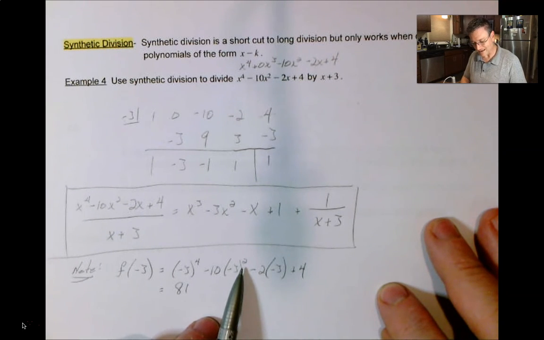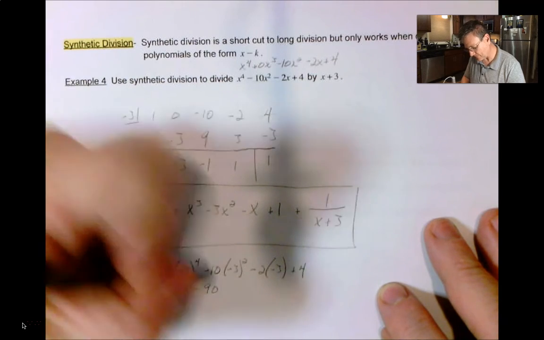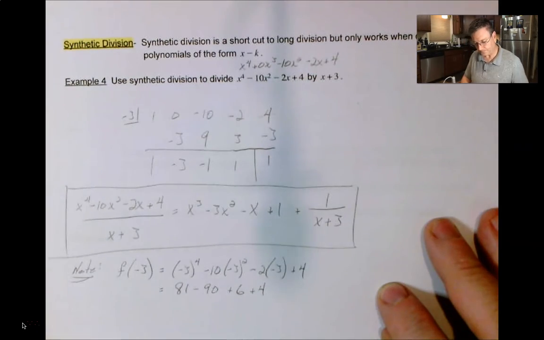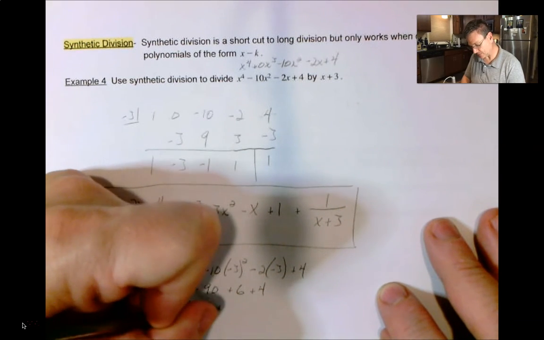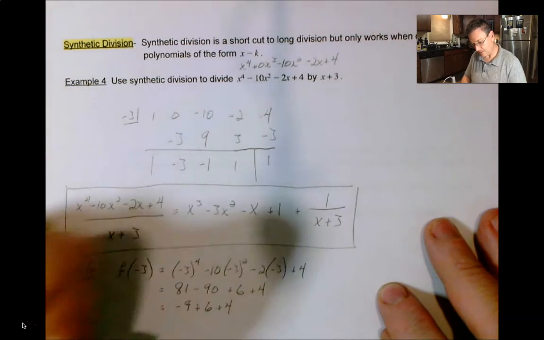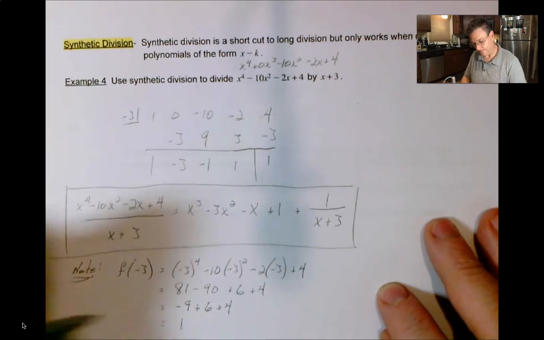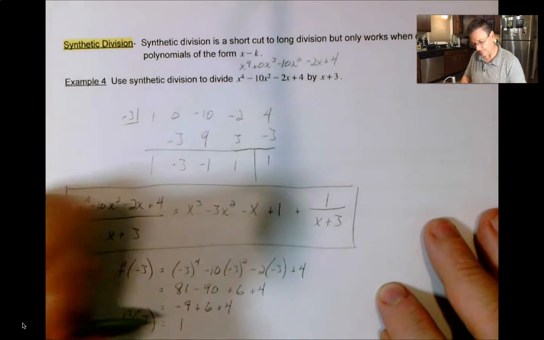Negative 3 squared is 9 times the negative 10 is minus 90 plus 6 plus 4. 81 minus 90 is negative 9 plus 6 plus 4. Negative 9 plus 6 is negative 3 plus 4 is 1. So f of negative 3 equals 1.